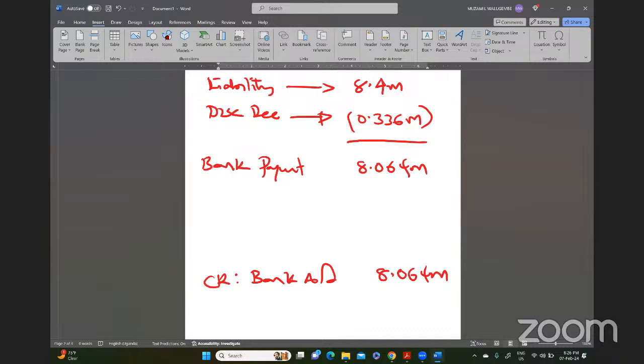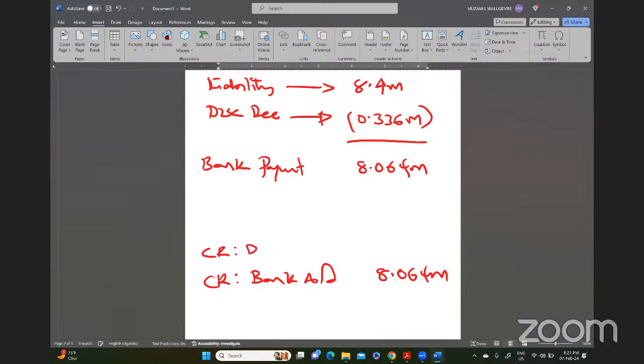Why are we debiting discount received? It is like income, and income increases by debiting. Eh? We credit discount received. We are crediting discount received because discount received is income, and income increases by crediting, not so?